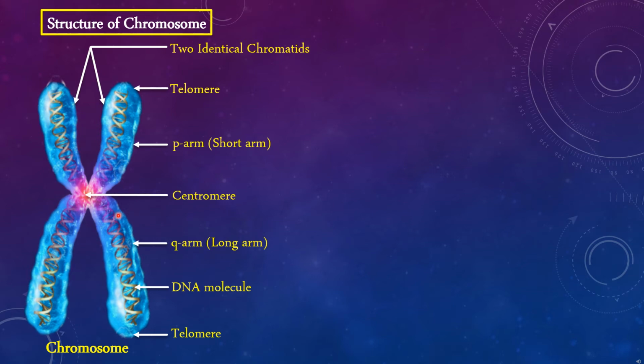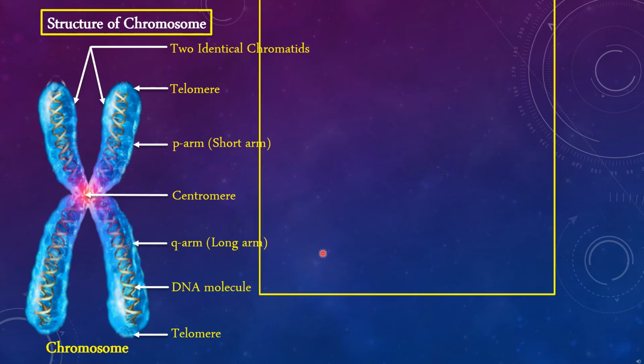That's why DNA replication has occurred here. So you can see 2 DNA molecules here, but you will get 1 DNA molecule in 1 chromosome.